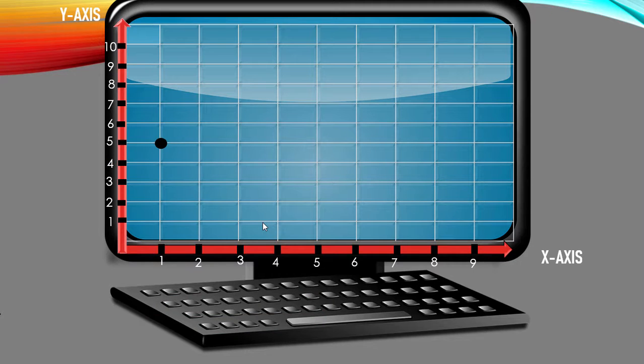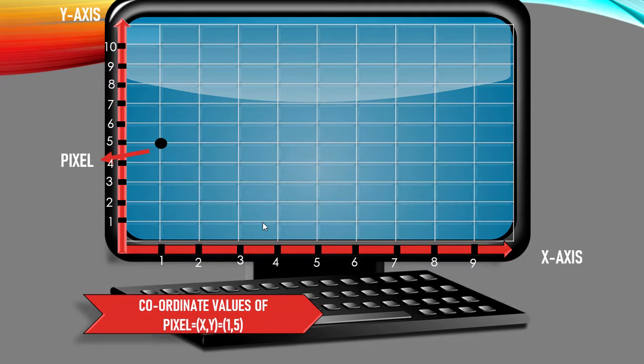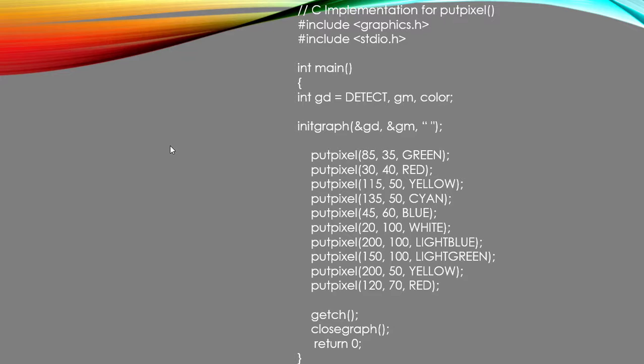To define a particular pixel, we need its x coordinate value and y coordinate value. Here I have assigned one pixel with coordinate values 1 for the x-axis and 5 for the y-axis.